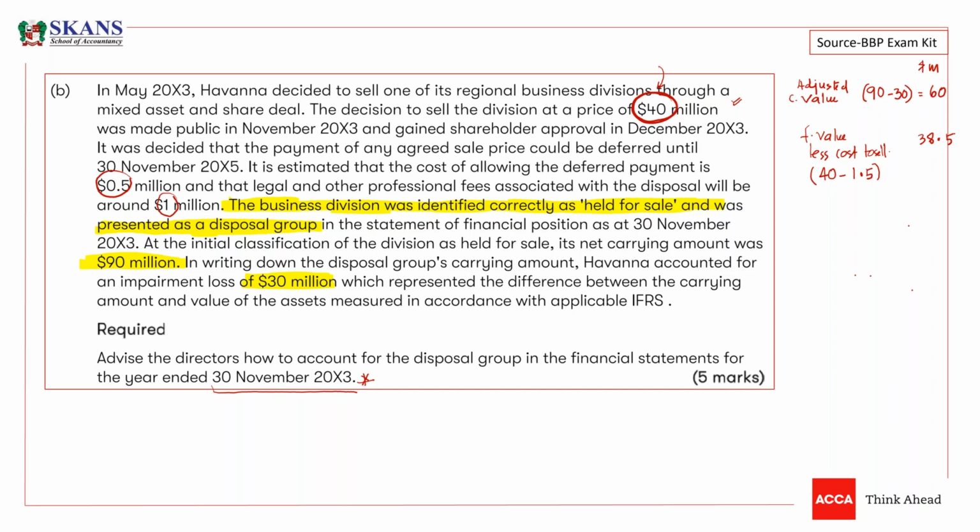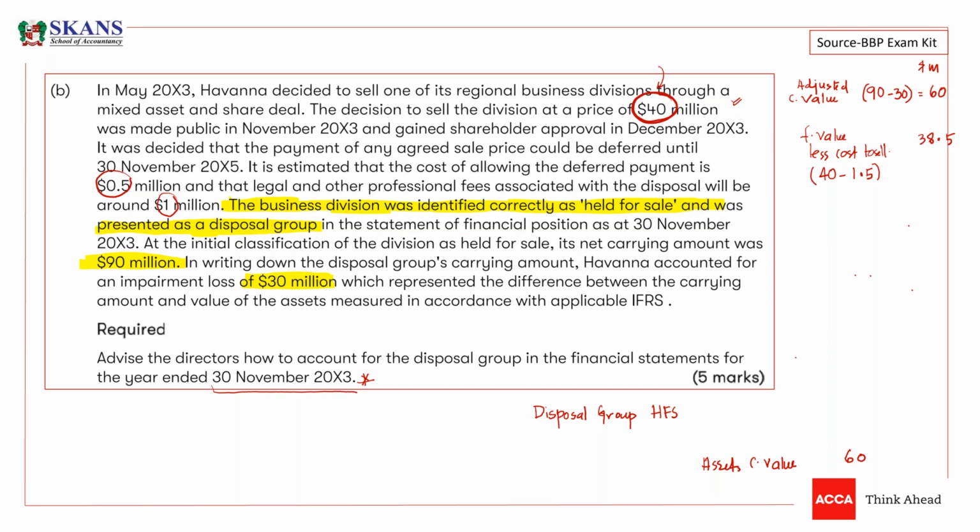Now you have to make a journal entry and explain this. The journal entry would be: disposal group held for sale. Now it is a group of assets. You need to credit assets at carrying value; the carrying value of assets was 60.